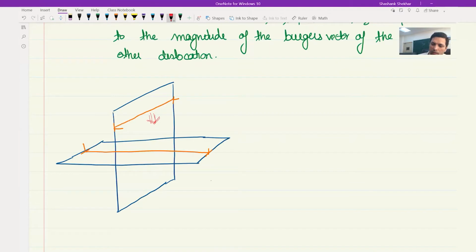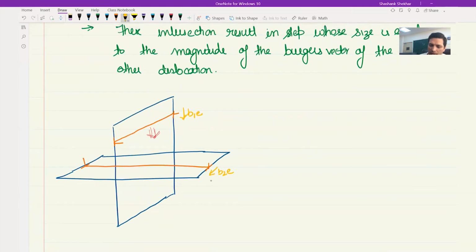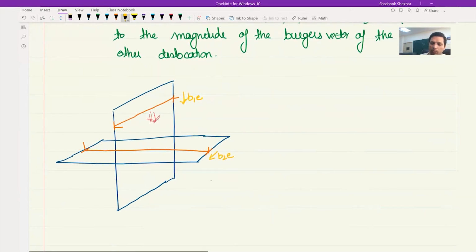Over here, the Burgers vector for this one is like this. So this is Burgers vector 1, B1E, and this is B2E. Now this is moving, so at some point it will intersect here, and then it will keep on moving. So how does it look? That is the question. So first again, let's draw the 2 planes.